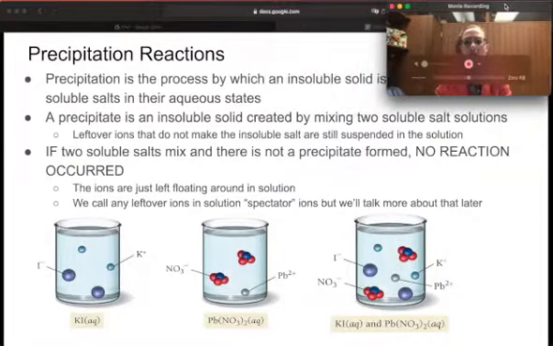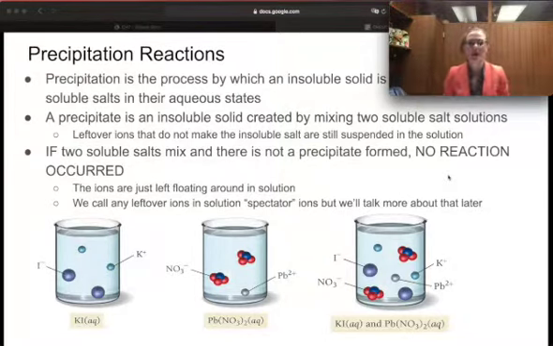Precipitation is what we call it when these insoluble solids fall out of solution when we mix two soluble aqueous salts together. Remember, an aqueous state just means that we have something dissolved in water. If we have a salt that is soluble, it's going to be in the aqueous state because we have dissolved it into water. A precipitate is the actual insoluble solid that is created by mixing those two soluble salt solutions.